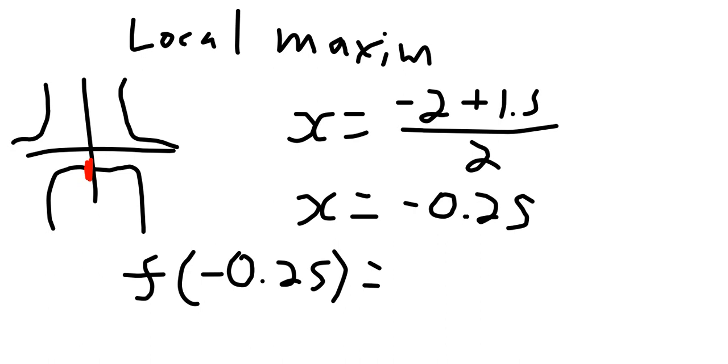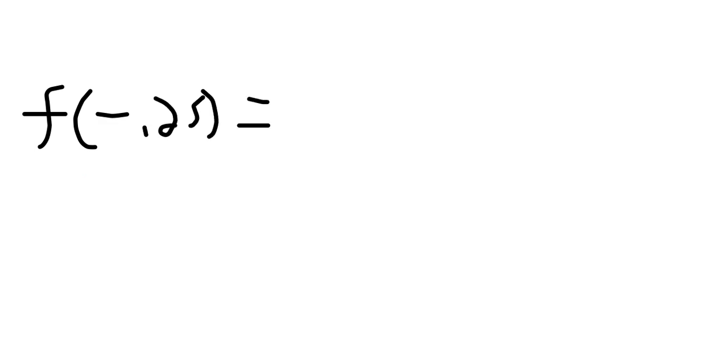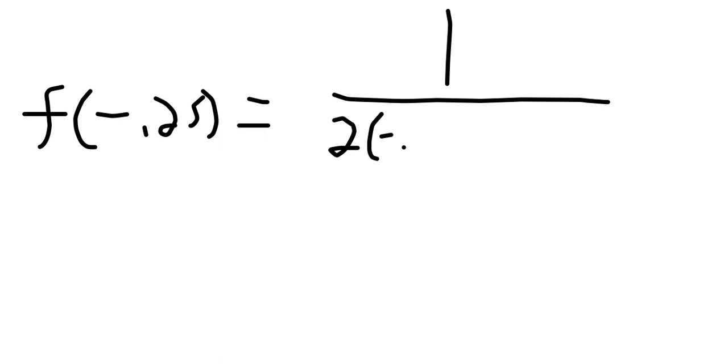So I've got 1 divided by 2 times -0.25 squared plus -0.25 minus 6.